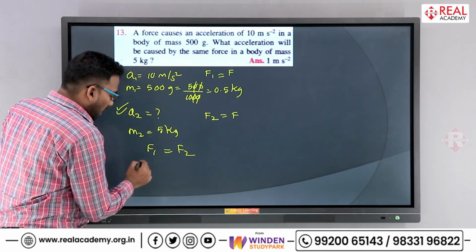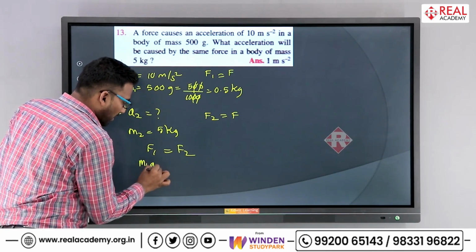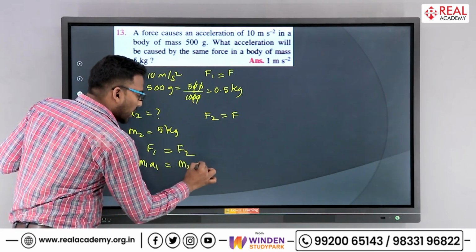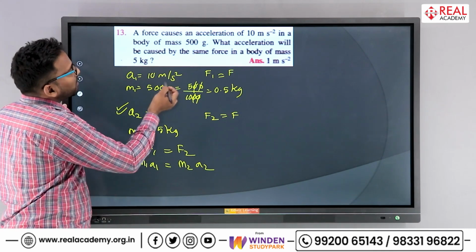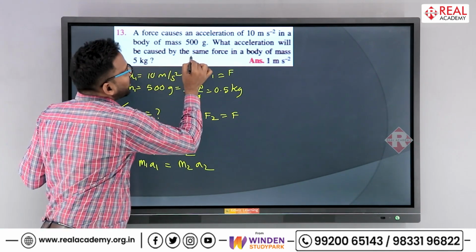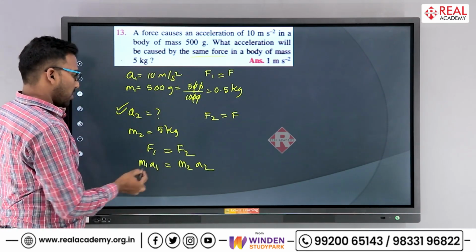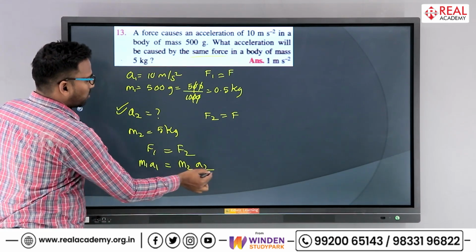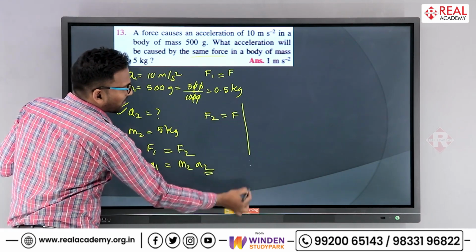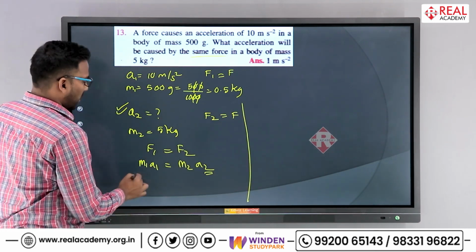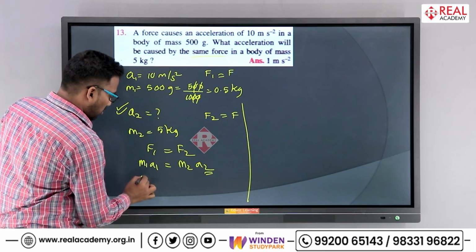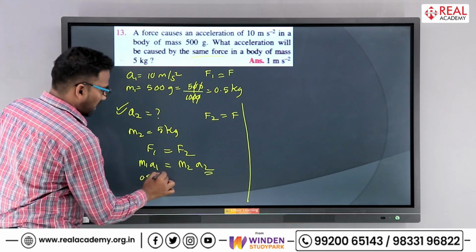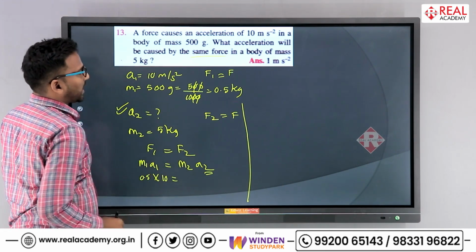So F1, we know F1 is equal to M1 A1, right? And F2 we know F2 is equal to M2 A2 by second law. And the question clearly says that both the forces are same. So F1 is equal to F2. So by this we can calculate A2, right? So everyone try with me. What about M1? M1 is 0.5 kg into A1. A1 is 10 meter per second square.